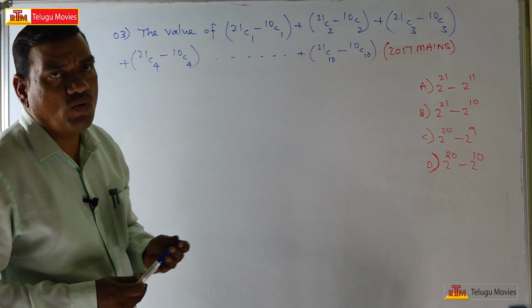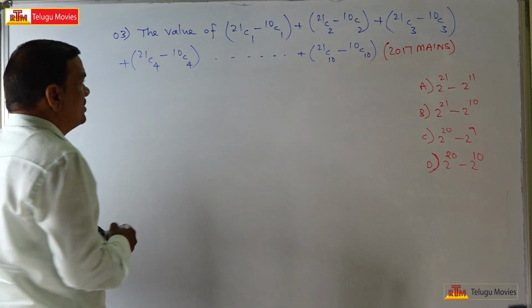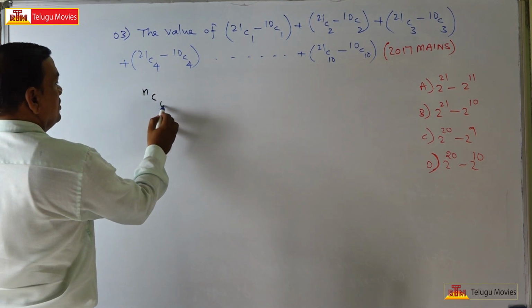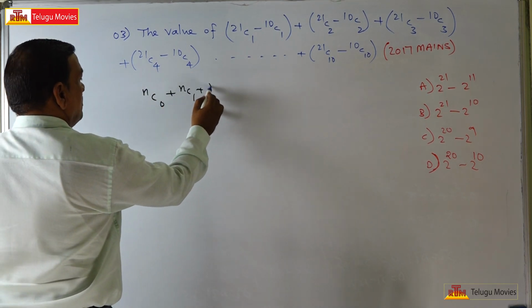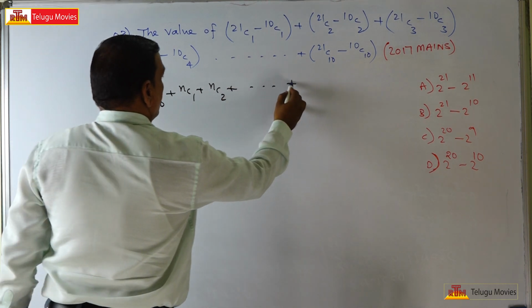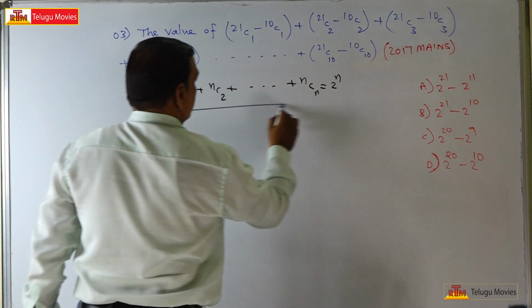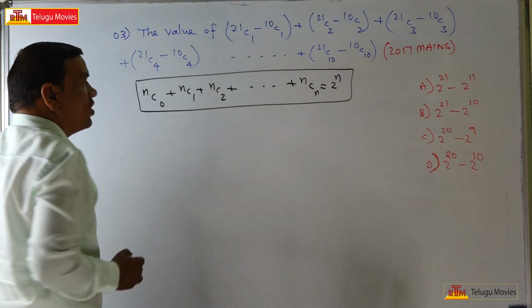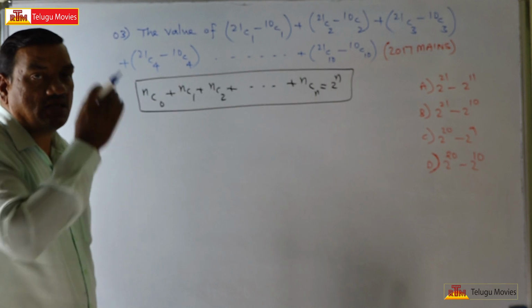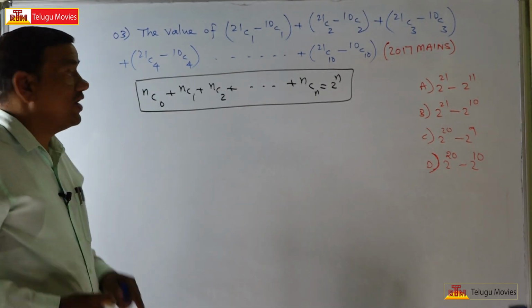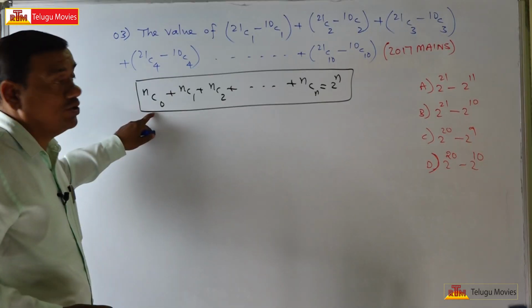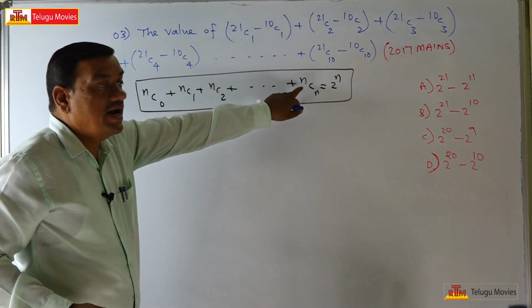You should know one very important result: NC0 plus NC1 plus NC2 plus so on up to NCn is equal to 2 power n. This is the formula, the sum of the binomial coefficients is 2 power n, starting from NC0, NC1, NC2 up to ending NCn.